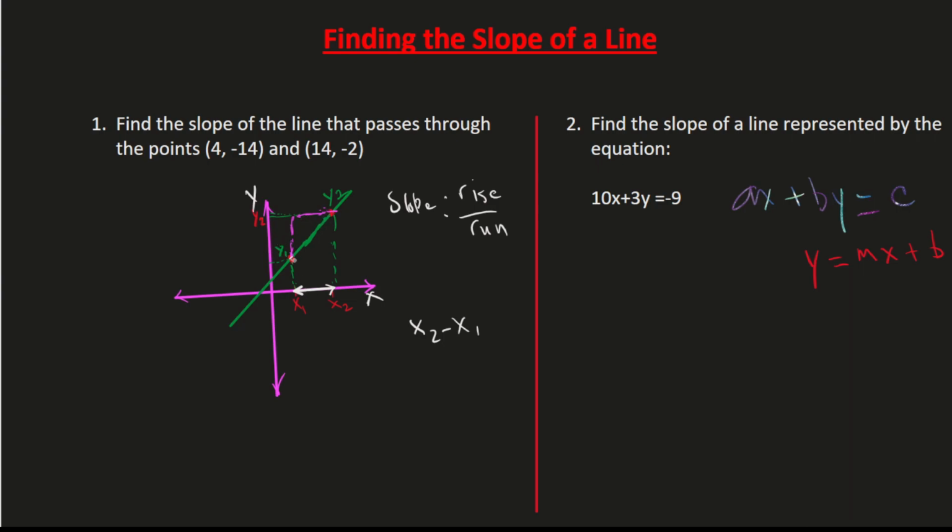And this part here is the graph we have. The run corresponds to that run down here, x1 and x2. But this is the rise, okay? We get y1 over here.